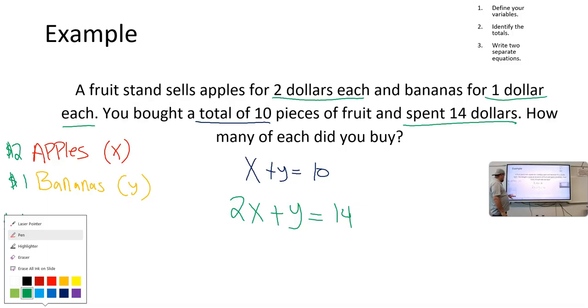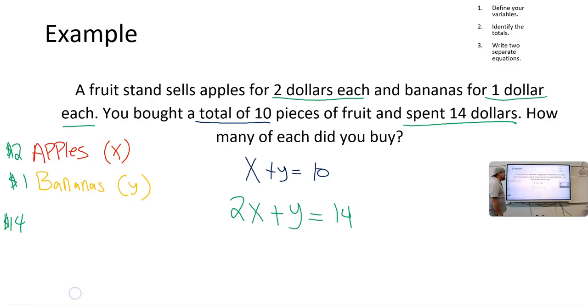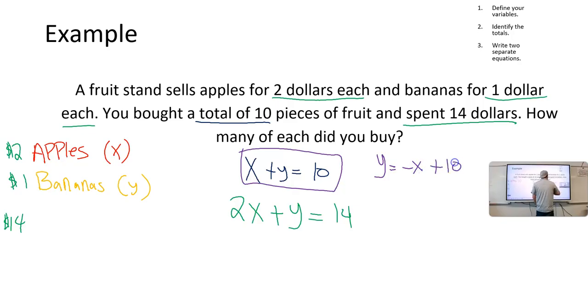So in this case, I do not have a variable that is isolated yet. So I'm going to go ahead and take this one right here, and I'm going to subtract the x over, and it ends up looking like y equals negative x plus 10, because I just subtracted the x from both sides.